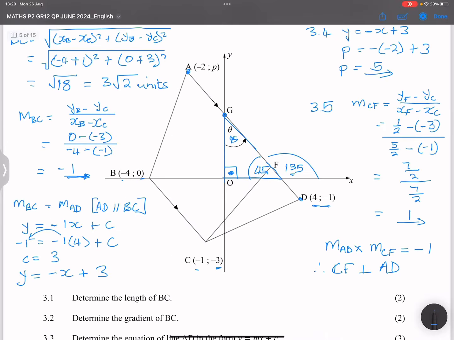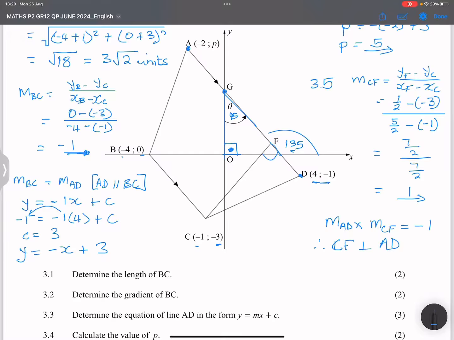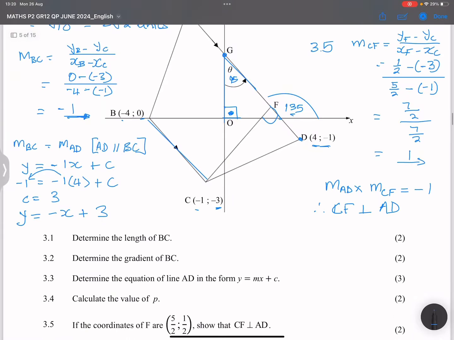All right, and then finally, ladies and gents, they want us to calculate the area of a trapezium. Now, we've already proven that line CF is perpendicular to one side of the trapezium. So that is perpendicular over there, which means we can say that's a vertical height. Now, please remember, the area of a trapezium is half the sum of the two parallel sides multiplied by the perpendicular height.